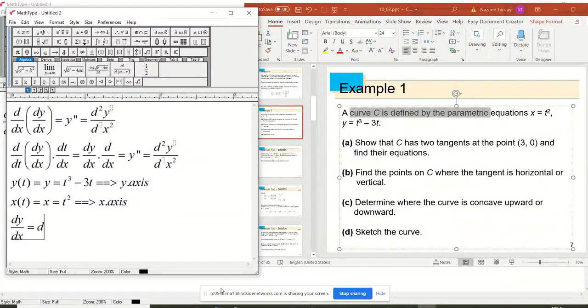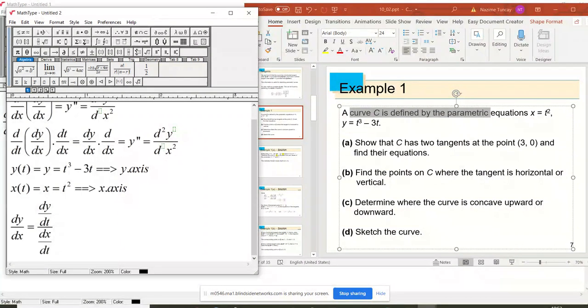We have to find derivative of y according to t first of all. This is derivative of y over derivative of t. And then we have to divide it with derivative of x over derivative of t.